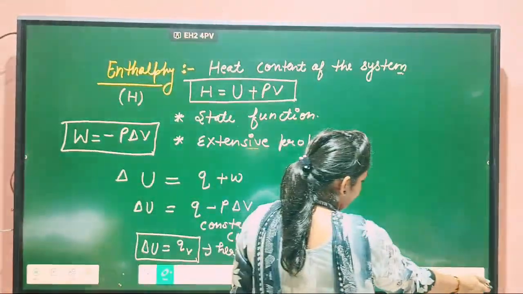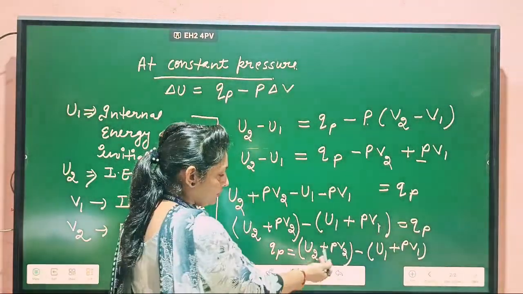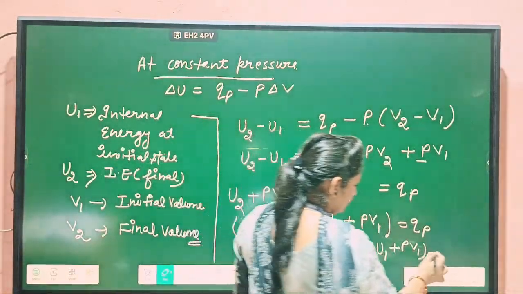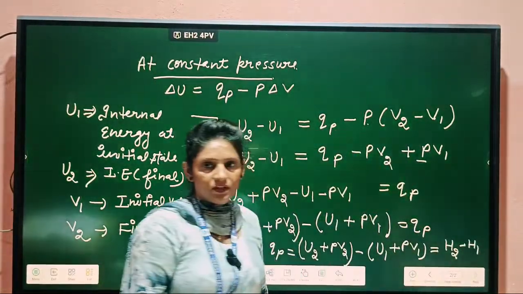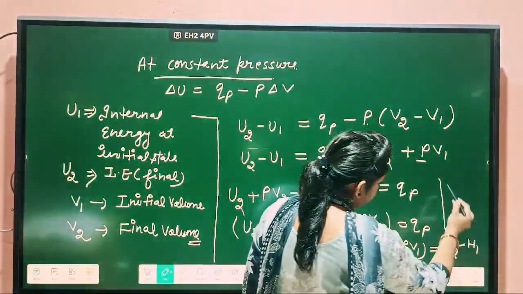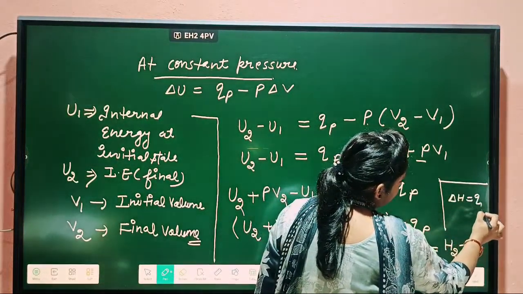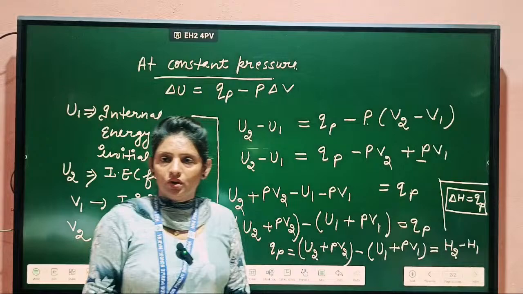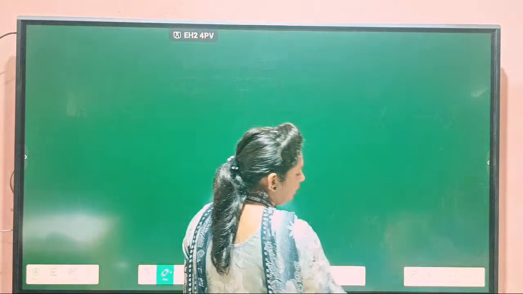So from here, U plus PV2, I can write H2. So H2 minus H1, I can write it as del H, and del H is equal to QP. Clear or not? This is change in enthalpy.